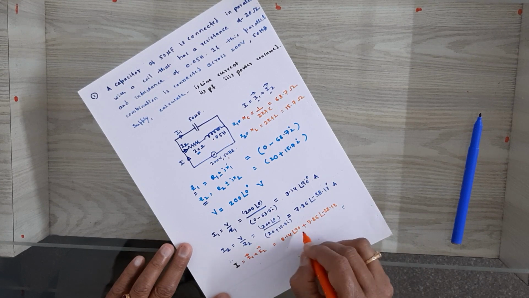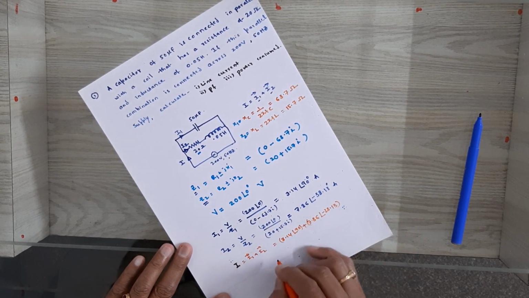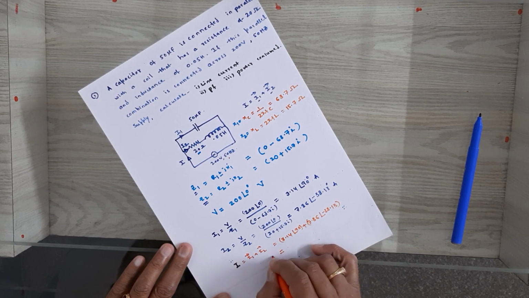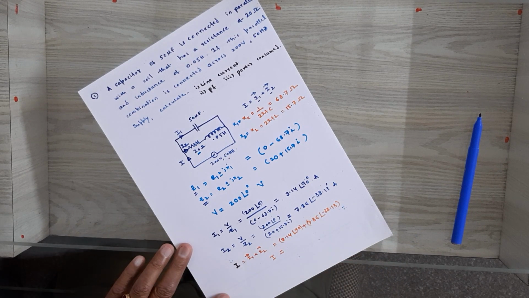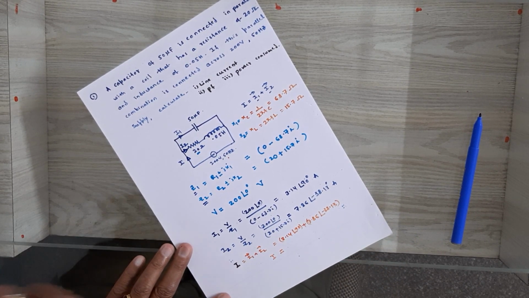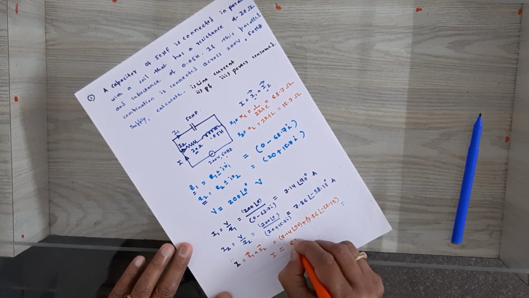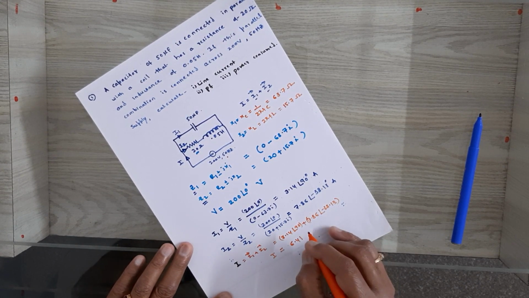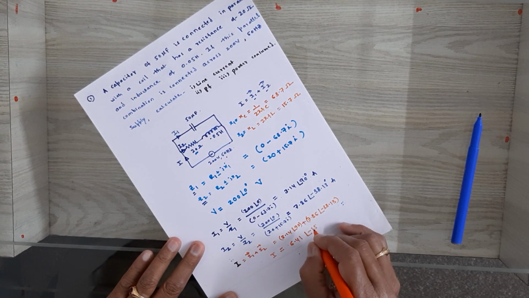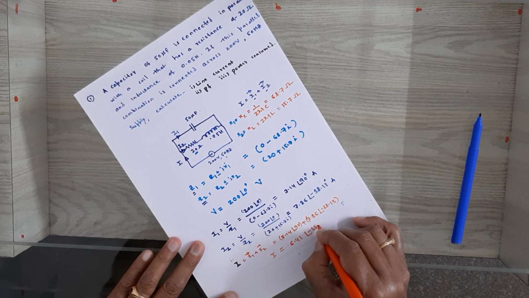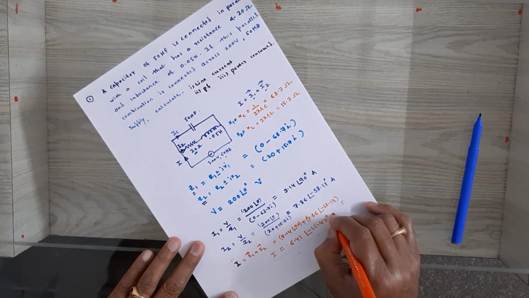Once again you have to make use of the calculator and express the result in polar form. That is the total current. What you are getting here is 6.41 an angle of minus 15.47 degrees, so many amperes.